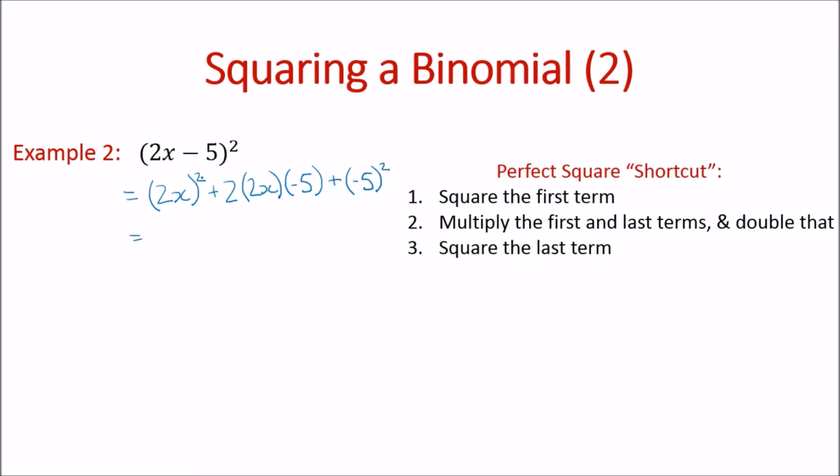So 2x squared means 2 squared and x squared, plus 2 times 2 is 4, 4 times negative 5 is negative 20, and we have our pronumeral x, plus negative 5 squared. And remember, even if this is negative in here, it's going to become positive because 2 negatives when multiplied become positive. So 5 squared essentially is 25.